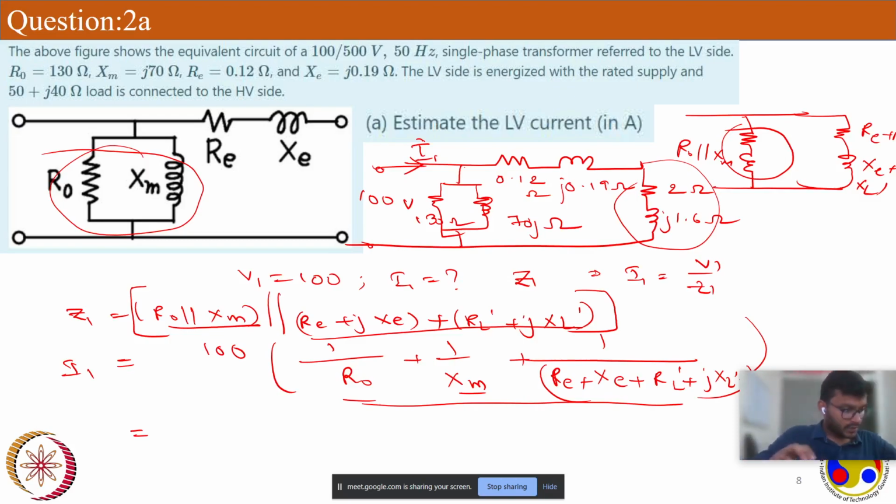Yeah, so I'm just writing whatever I got here. This is 100 multiplied by 0.28 minus 0.24i. Now the answer I got, I'm writing it in the polar form.